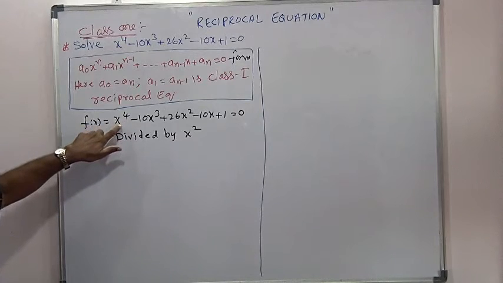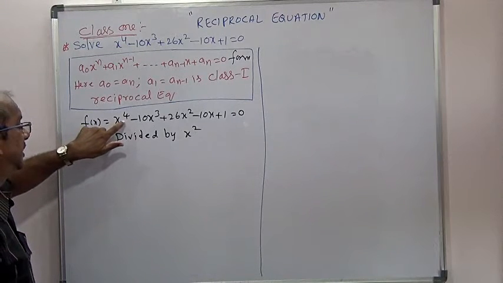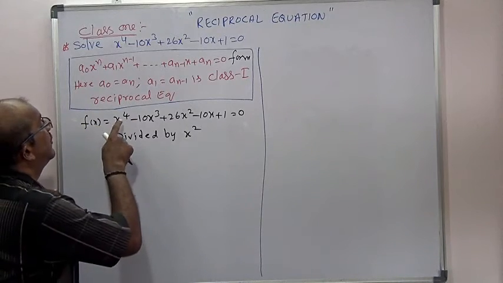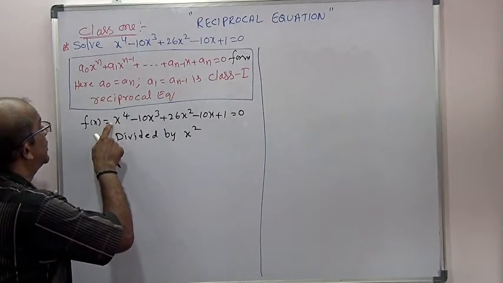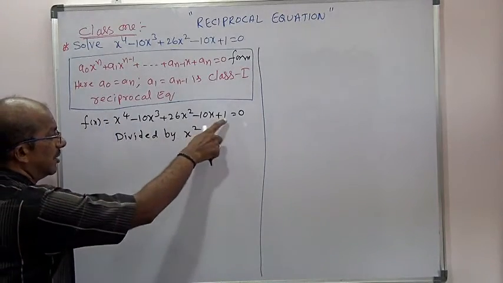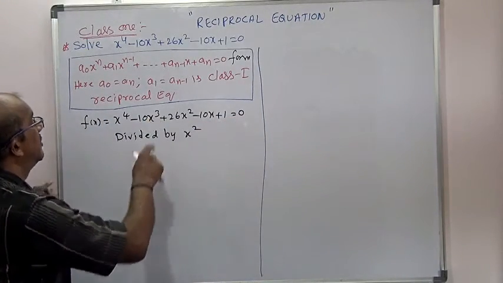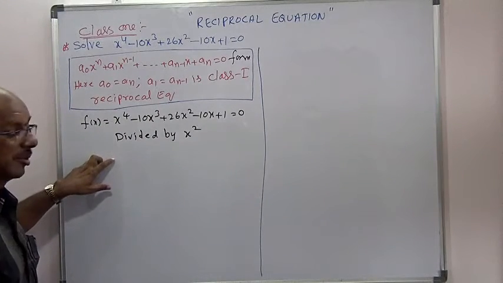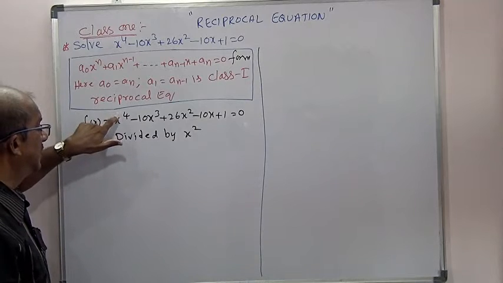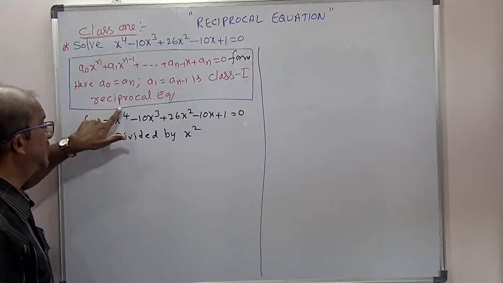If it is fifth degree, first find one root of this equation by Horner's method or any one method, to reduce it up to x to the power of 4. Suppose x power 6, the degree is sixth degree.